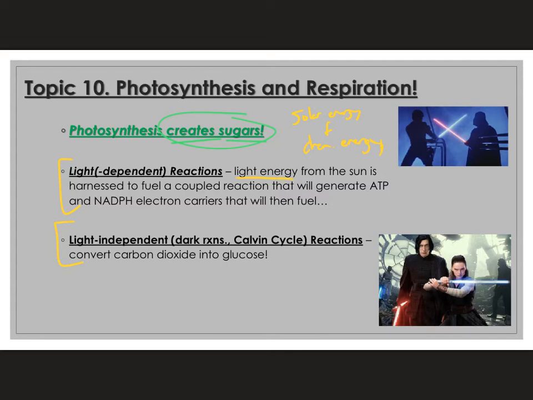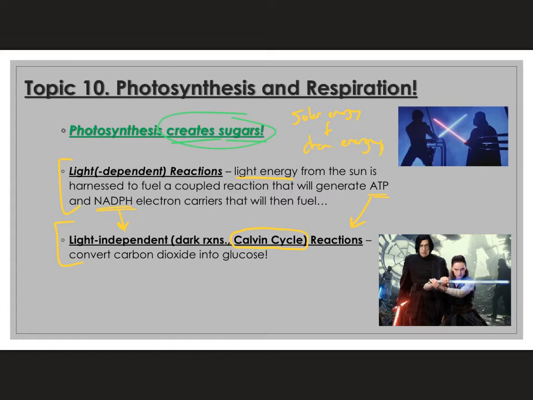This is where the energy from the sun is harnessed to fuel a coupled reaction that creates ATP and creates NADPH, right? And then the NADPH and the ATP power the light-independent reactions. Typically, we're talking about the Calvin cycle here, and I think I probably said back in the fall, we used to call these the dark reactions, but not so much anymore, right?